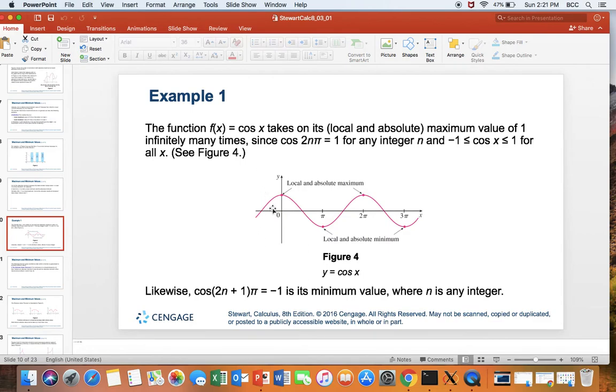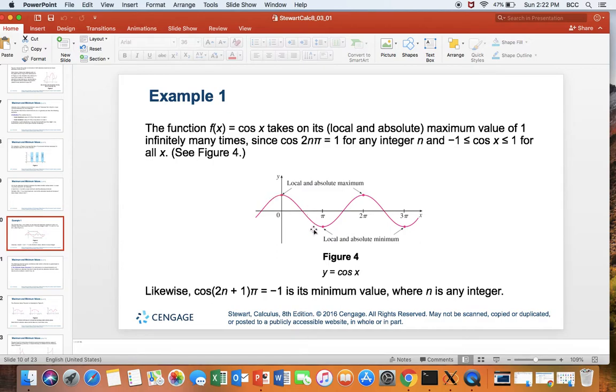Now, here is a cosine function. All right. Now, it has this point, and so on. They are both local as well as absolute because see, the maximum you go is here, then you come down, then you go up to the same maximum. So this height is an absolute maximum as well as a local maximum.